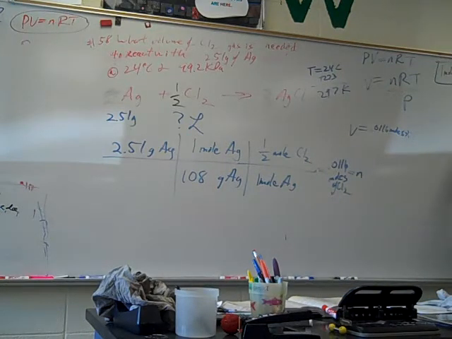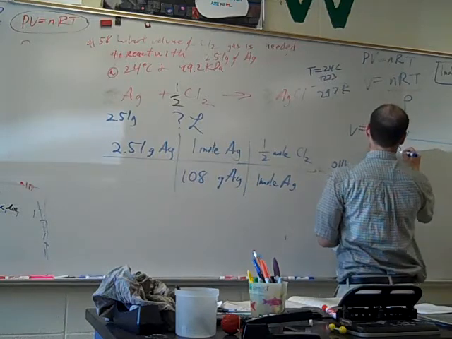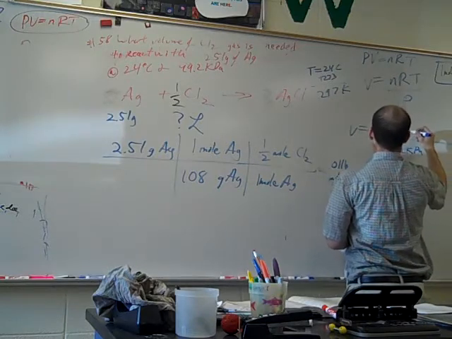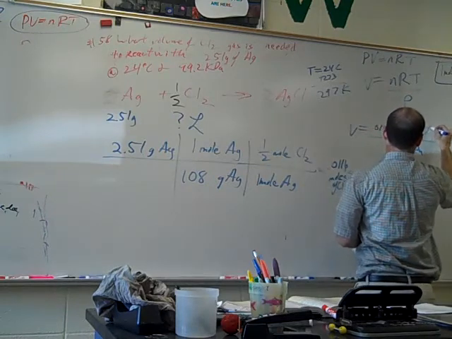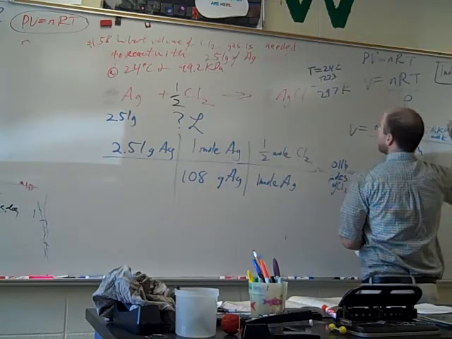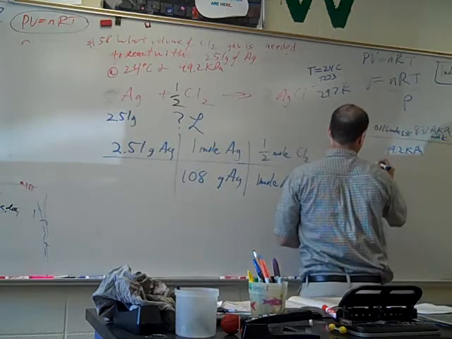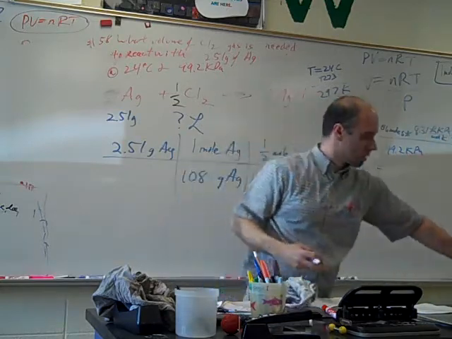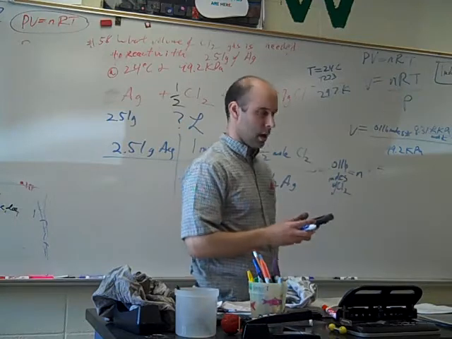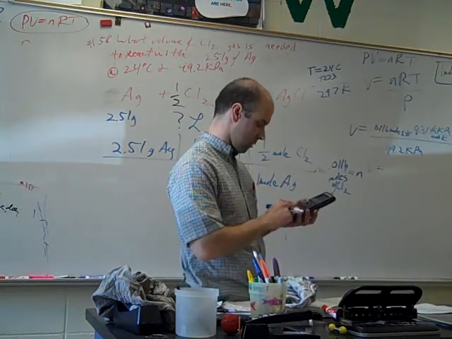Let's read that. Use the 8.31 because we're dealing with kPa, and our temperature is 297. What would we use if we're not dealing with kPa? Then use the 0.0821 liters atmospheres per mole Kelvin.